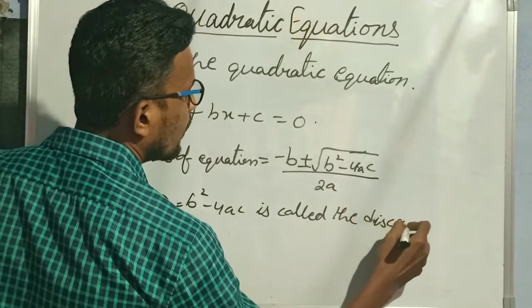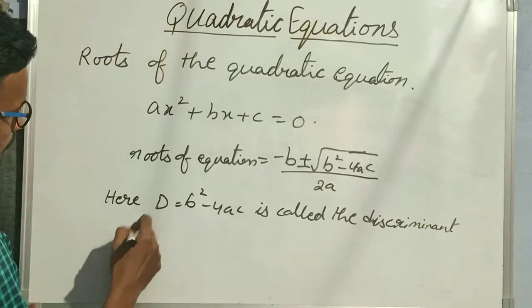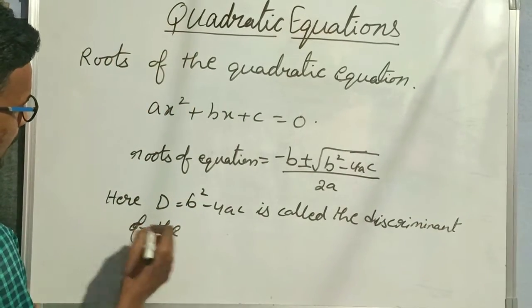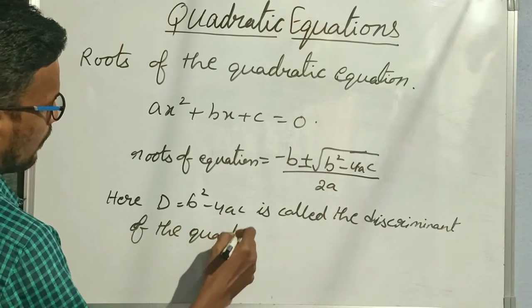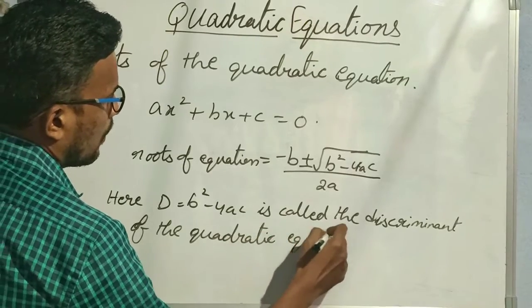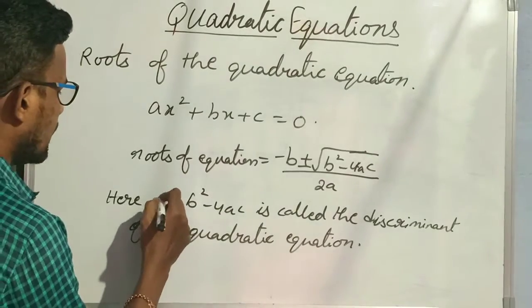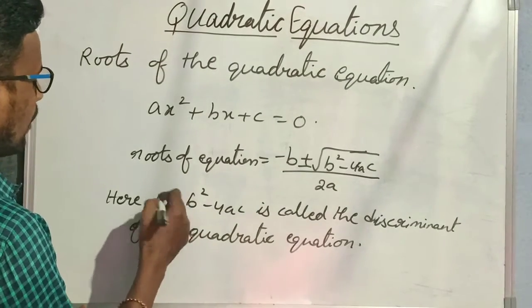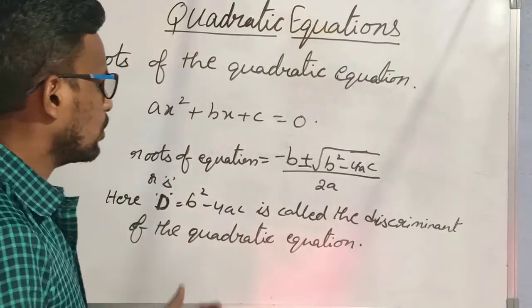What is this called? So the discriminant of the quadratic equation. Clear? So here let us take this as D or delta, whatever we want we can take. Capital D or delta, both are equal.